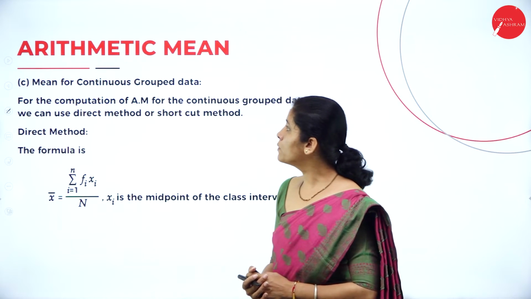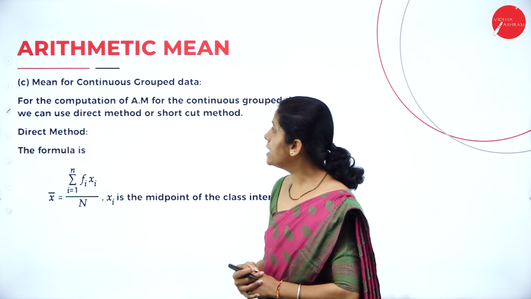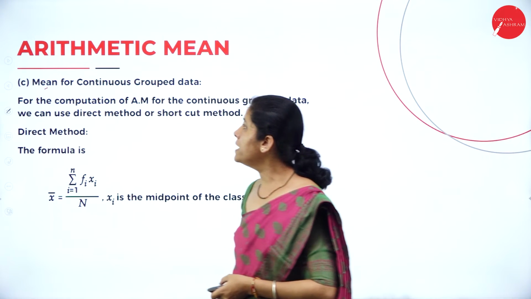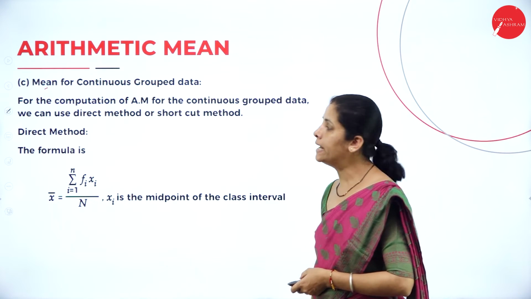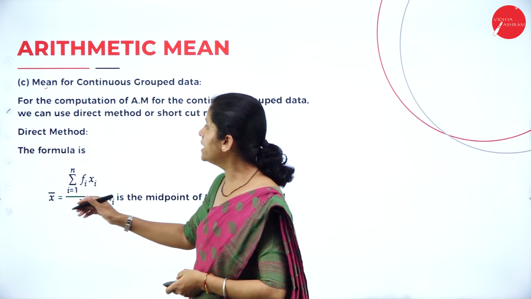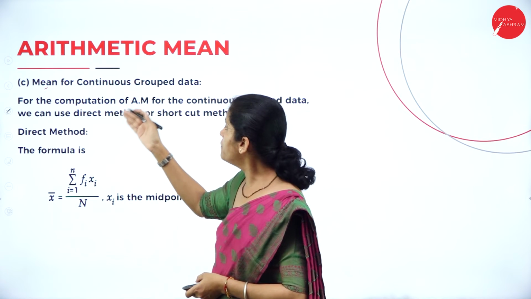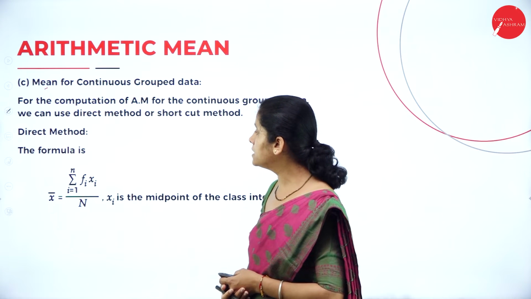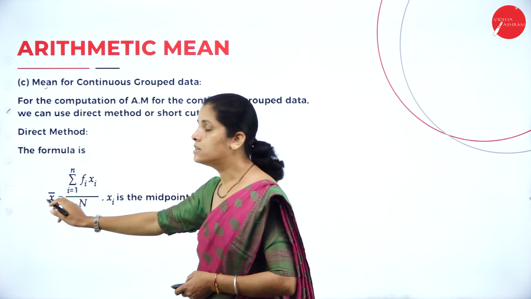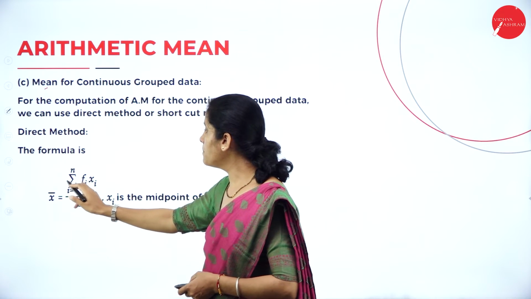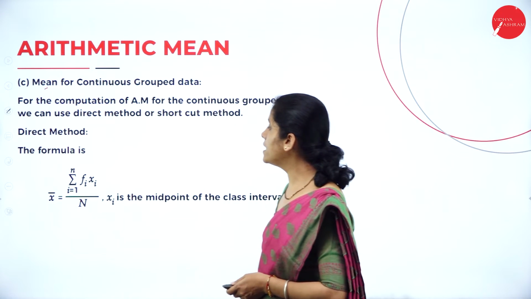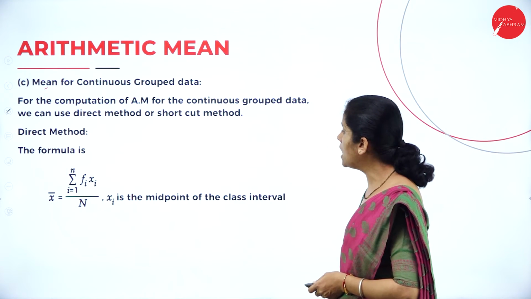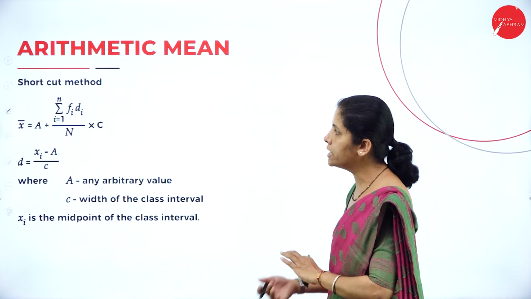Now dear student, I'm going to have another type used to find the mean value, that is mean for continuous group data. To calculate mean for continuous group data, once again I have the direct method. See here, x bar equals summation fi into xi divided by n, where xi is nothing but the mid class or midpoint of the class interval.